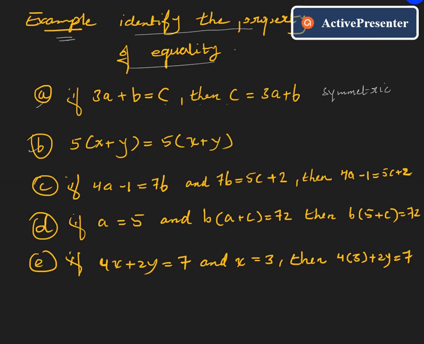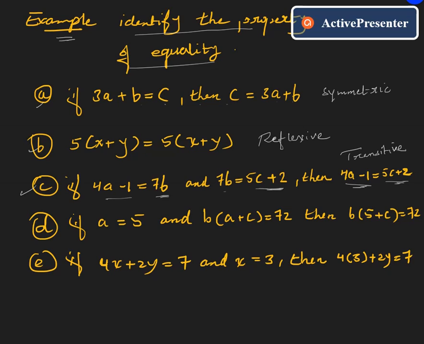This is known as the reflexive property of equality. The third question says, if 4a minus 1 equals 7b and 7b equals 5c plus 2, then 4a minus 1 equals 5c plus 2. This is known as the transitive property of equality.